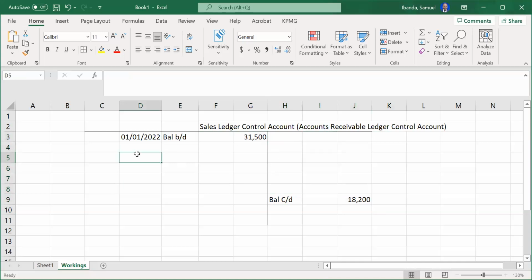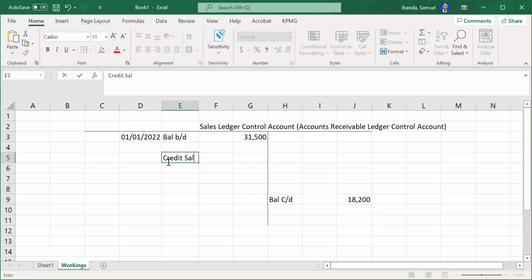So let me ask, if you've started with 31,500 as the people that you demand, your debtors, what could increase this? What could increase this value? Credit sales, first and foremost. Yes, brilliant.